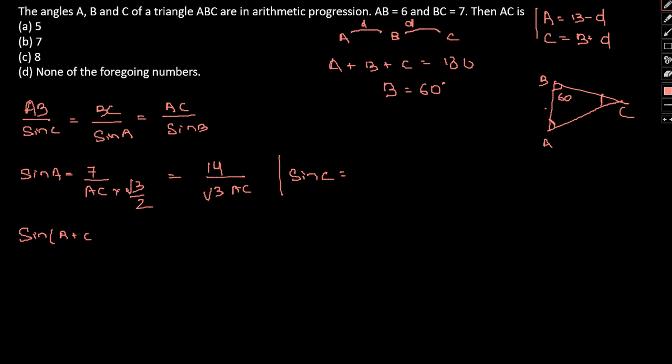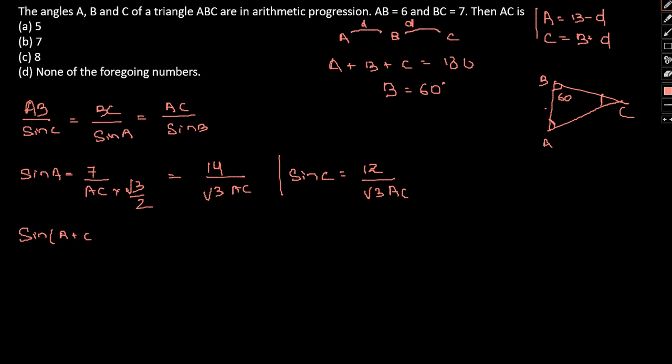Sine C, if we talk about AB being 6, will be 12 by root 3 AC. Okay, this will be the value of sine C.